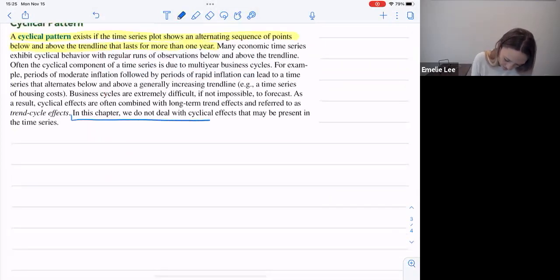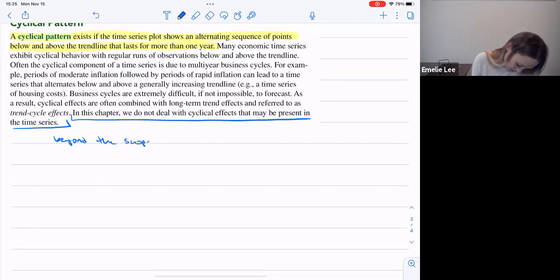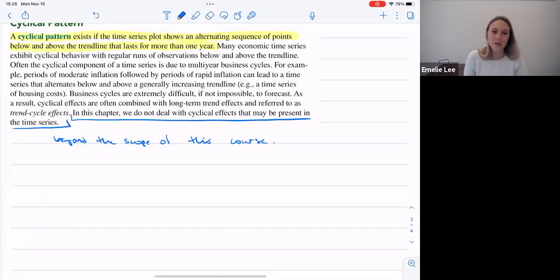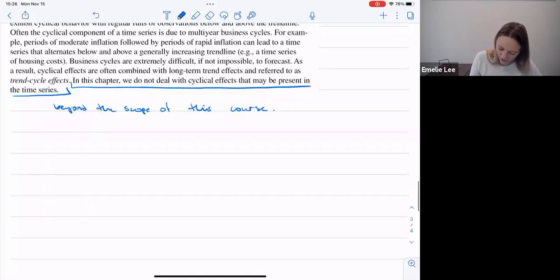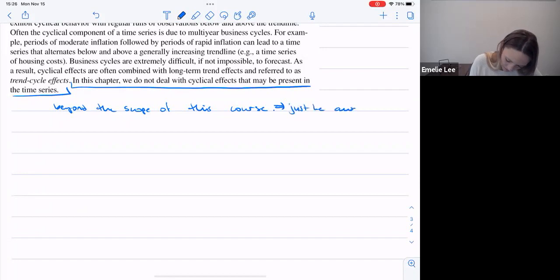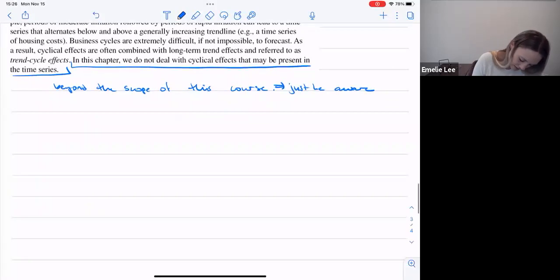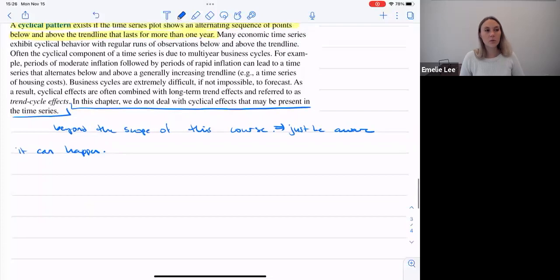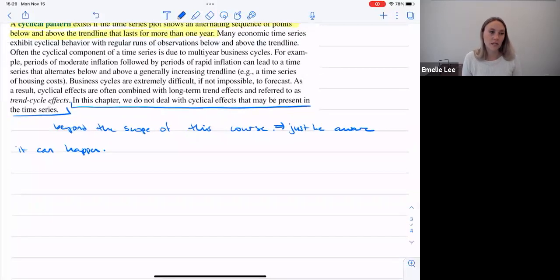Cyclical effects are beyond the scope of this course, but of course they happen. I knew there was something I wanted to say here. Just be aware that it can happen, and happens often, but we would need more sophisticated techniques.